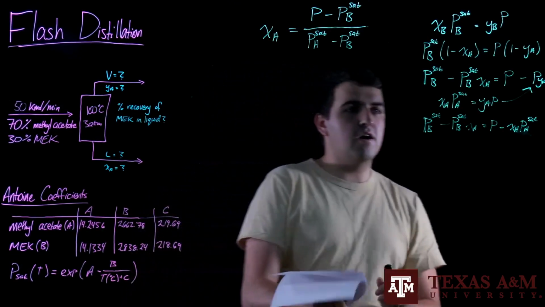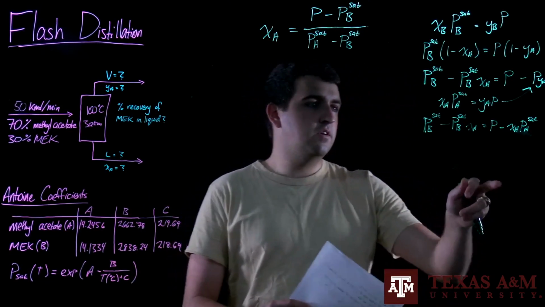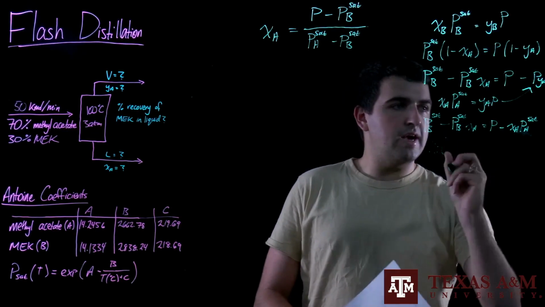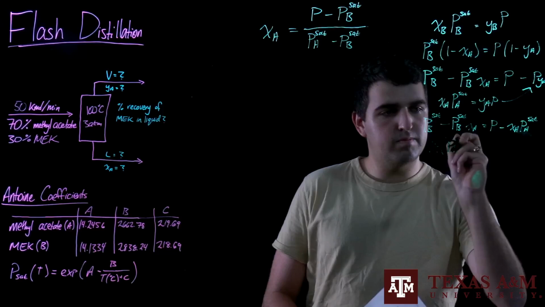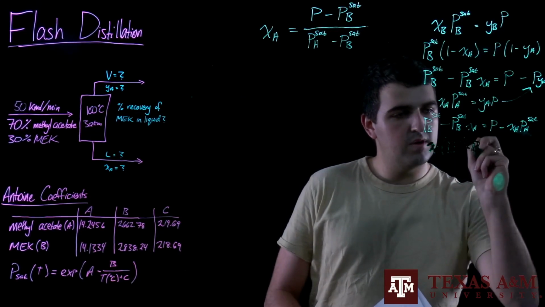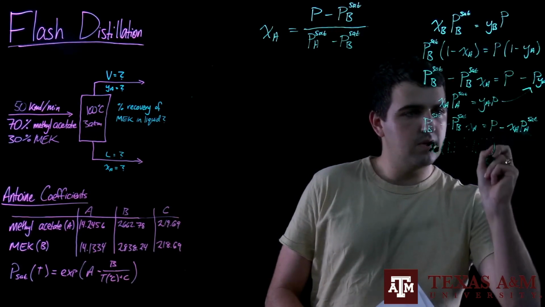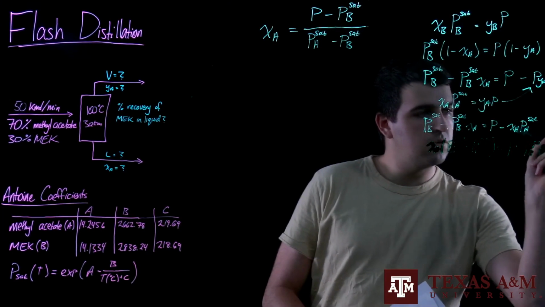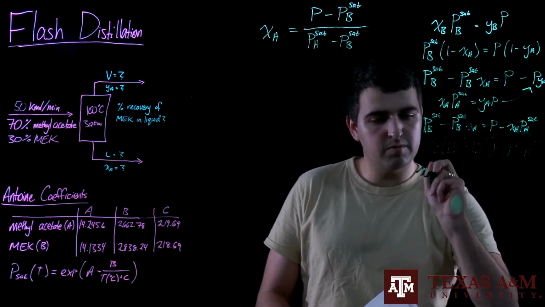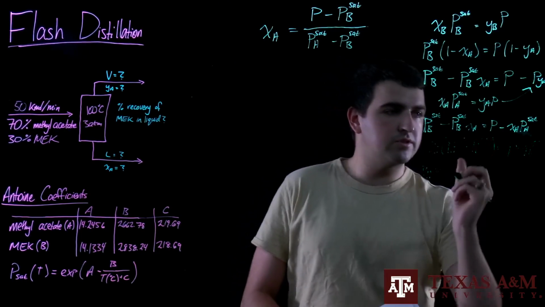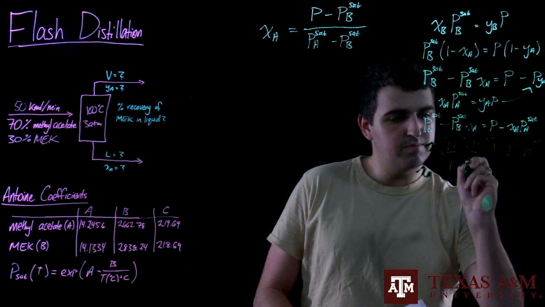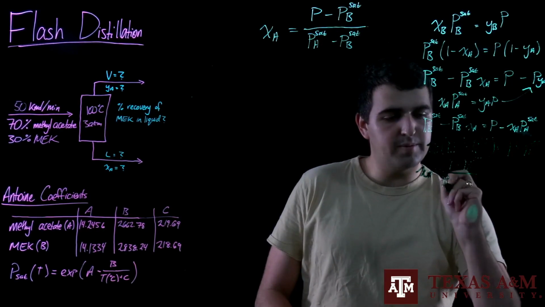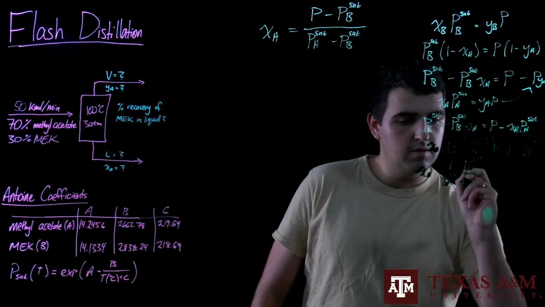Then collecting our XA-like terms, we have XA times PA sat minus PB sat equals P minus PB sat. And dividing everything over, we get our XA is equal to P minus PB sat over PA sat minus PB sat.